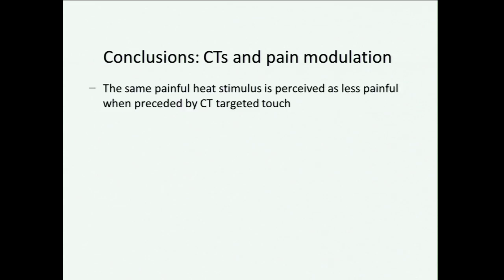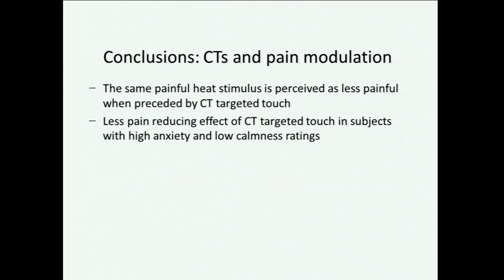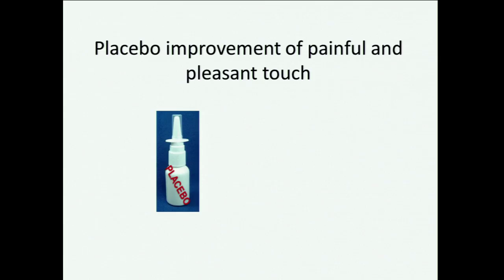So the same painful heat stimulus was perceived as less painful when preceded by CT-targeted touch. The manipulation was less effective in patients with high anxiety and low calmness scores. And we are now doing an fMRI study of this.